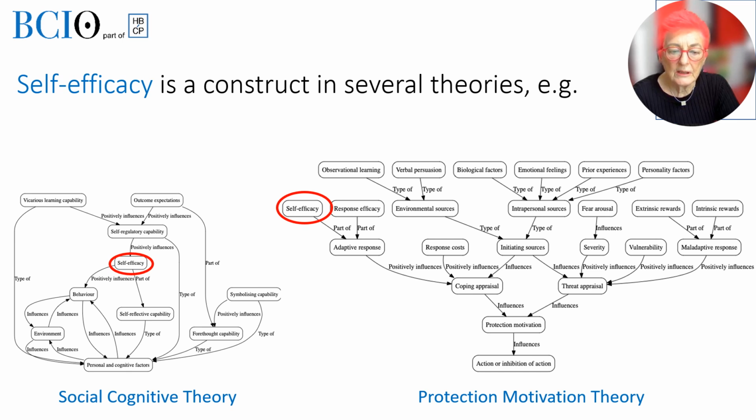I've particularly selected the construct of self-efficacy in the two theories. And you can see how self-efficacy is proposed to act very differently in the two theories. So in social cognitive theory, self-efficacy has a direct effect on behaviour, whereas in protection motivation theory, self-efficacy works via coping appraisal to influence protection motivation to influence behaviour.